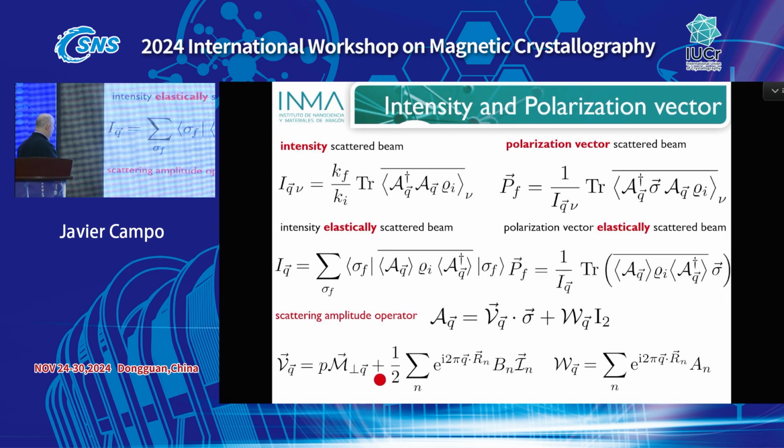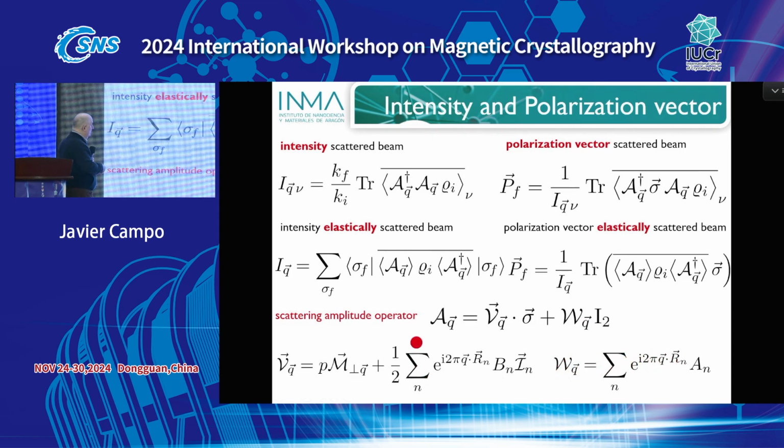Do you remember, the magnetic part of the interaction was related with this operator that we call the magnetic interaction vector operator. Then the momentum of the nuclei and the magnetism in your system are coupled with the spin density, with the Pauli matrices, and the other part, where we put here the identity in 2 by 2, is the scattering length, basically.